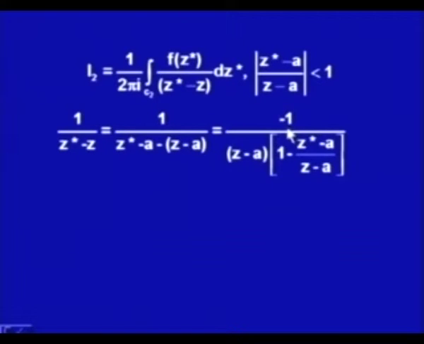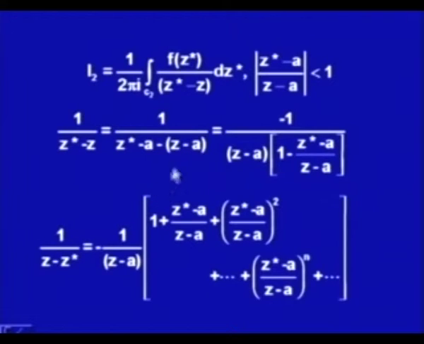So, this minus will be absorbed with I2, and accordingly if we expand it in geometric progression, we will have 1/(z − a) times [1 plus (z* − a)/(z − a) plus ((z* − a)/(z − a))² and so on, and the nth term is ((z* − a)/(z − a))^n]. This series is a geometric series which will be convergent under this given condition.